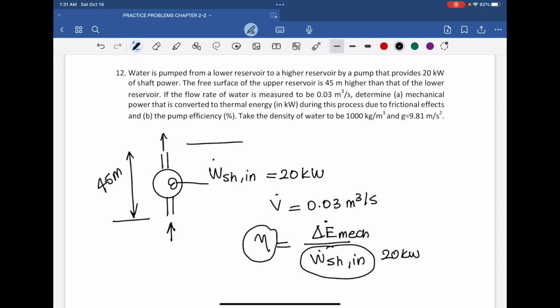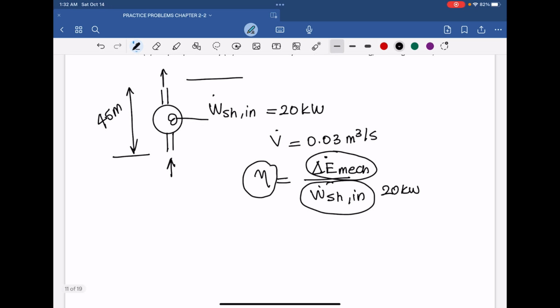If we can find this part, we can find the efficiency, and we can also find the energy loss due to friction, because the reason we don't have 100% efficiency is that whatever energy we are putting in, like in this case the power we put in is 20 kilowatts, what is getting out is going to be less than that. And that difference is the loss.